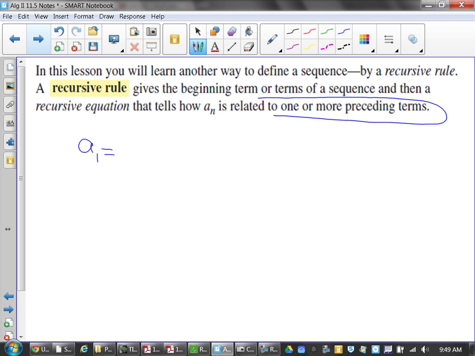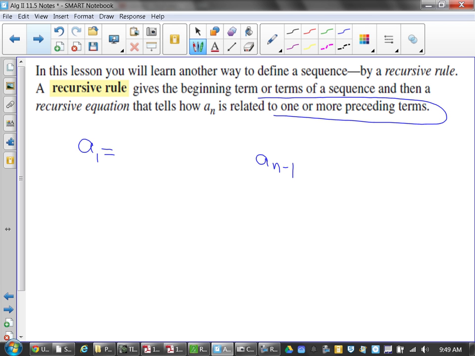So if it's going to be the term before it, and you're looking at the fifth term, what would be the term before the fifth term? Fourth term. What did you do? Exactly. You subtracted 1. So instead of writing the rule out in terms of a sub n anymore, we're going to write out the rule in terms of a sub n minus 1.